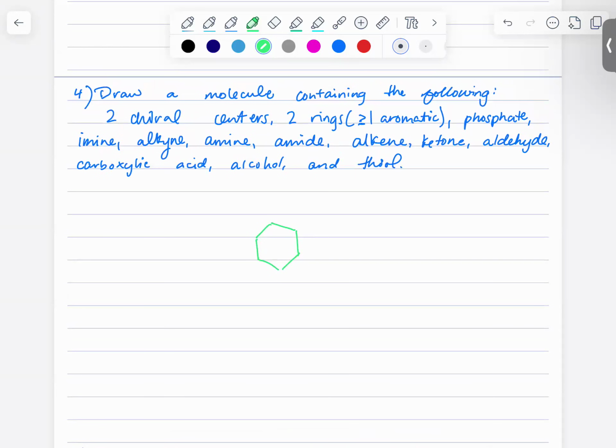So now we can start knocking out our functional groups here. So what does phosphate look like? Basically a phosphorus surrounded by oxygens. What is an imine?